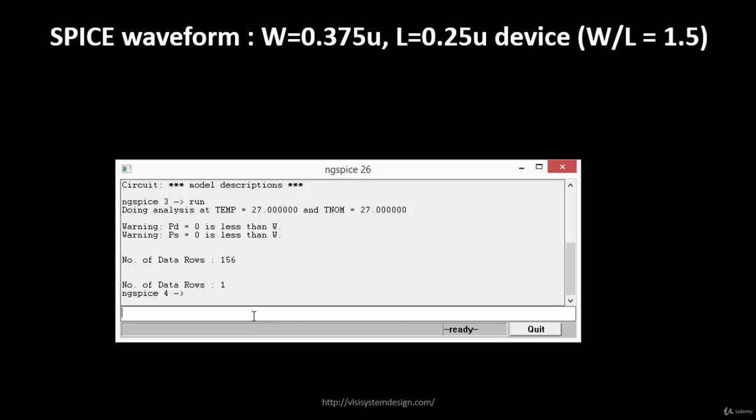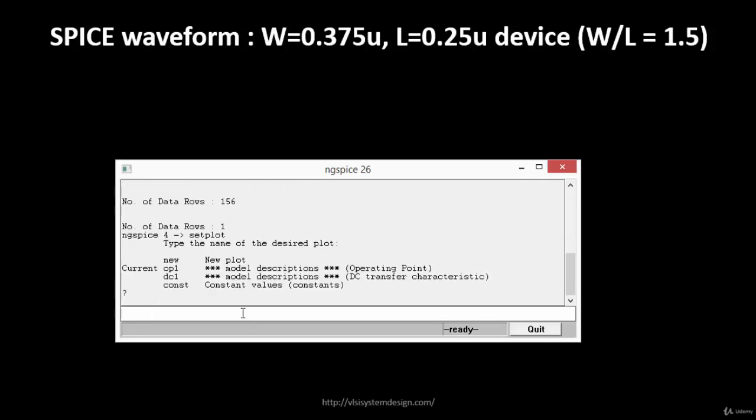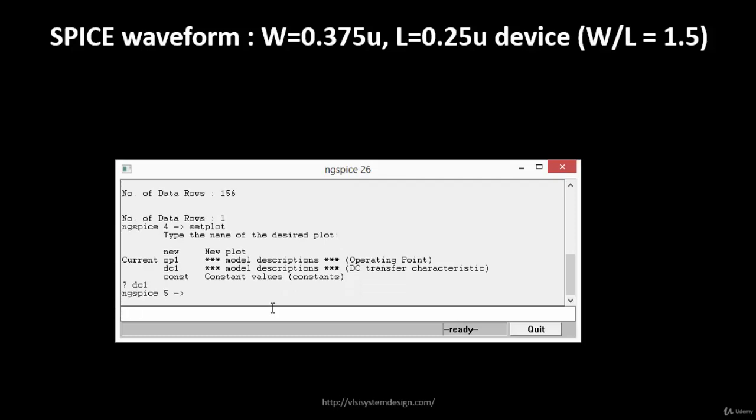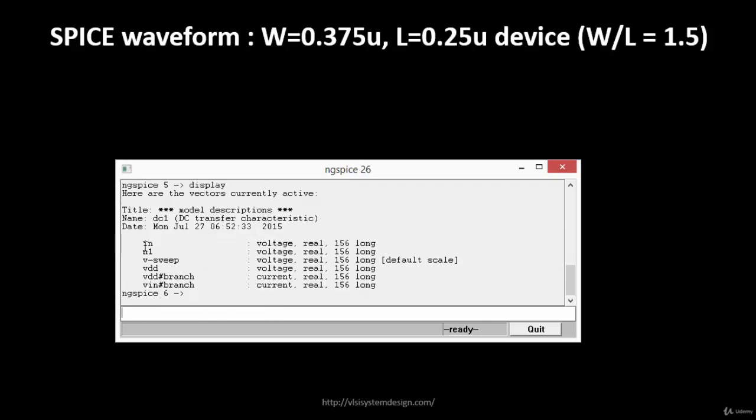We'll now look into the plots. We'll do a set plot, and we'll observe that the new DC transfer characteristics has got the name DC1. So we'll do DC1. We'll display what all the plots are available to us. These are the node names, which are the voltages.